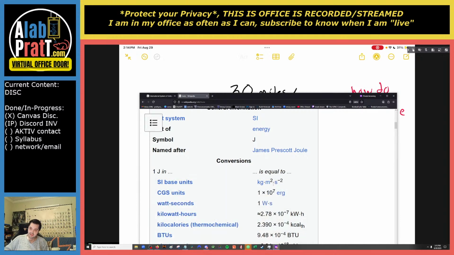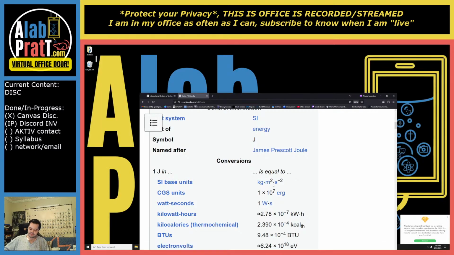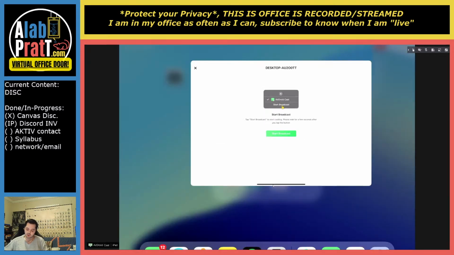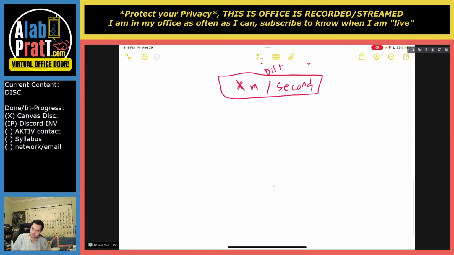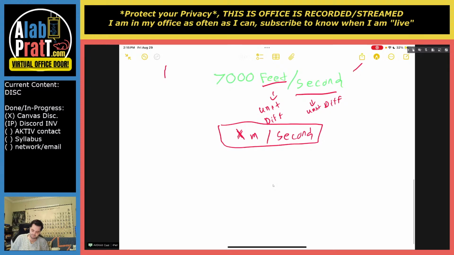That is really important for us to quickly pause and do one more math reminder, which is that when we see per, that means we're dividing by something.